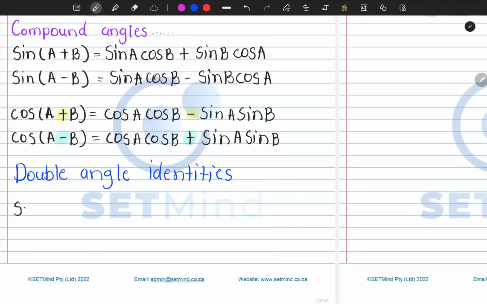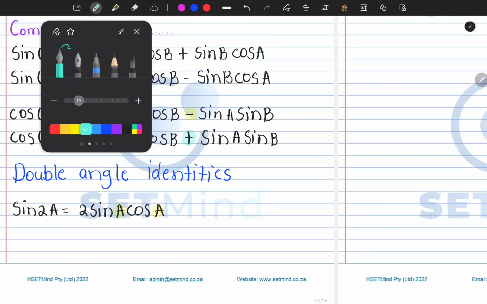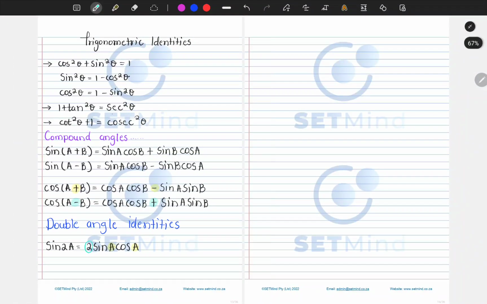Well, if you find yourself in a position where you have sine of 2A, this can be written as 2 sine A cos A. What is very important is that the angle is no longer double now, but we have a sine and a cos multiplying one another, and then we put in the 2 at the front. That is the double angle identity for sine.